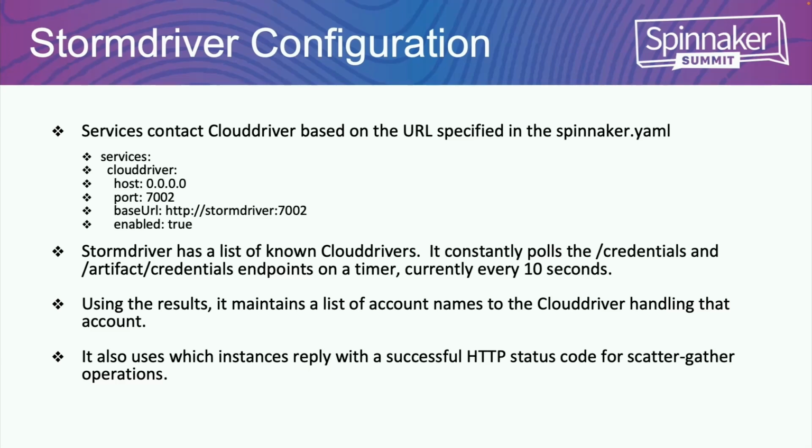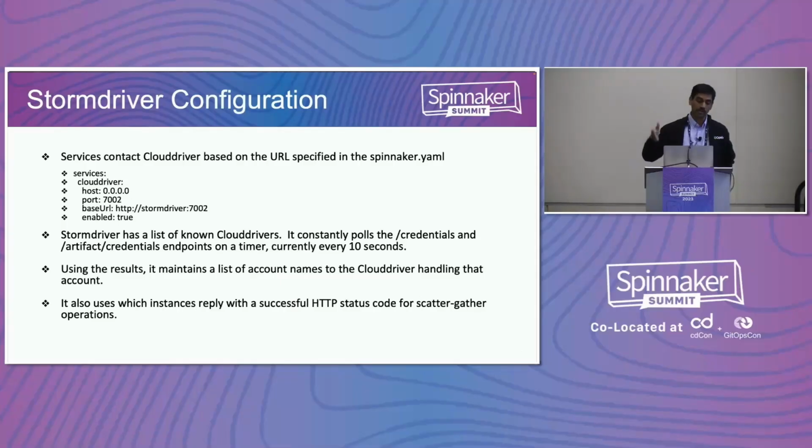So if you ask for /credentials, it will get you the accounts from all the Clouddrivers, and artifact credentials is a similar thing. It will get you the results from all the Clouddrivers. It also does sanity checks on the availability of these Clouddrivers. So it knows if one is not responding, it can identify that and remove it from its list.